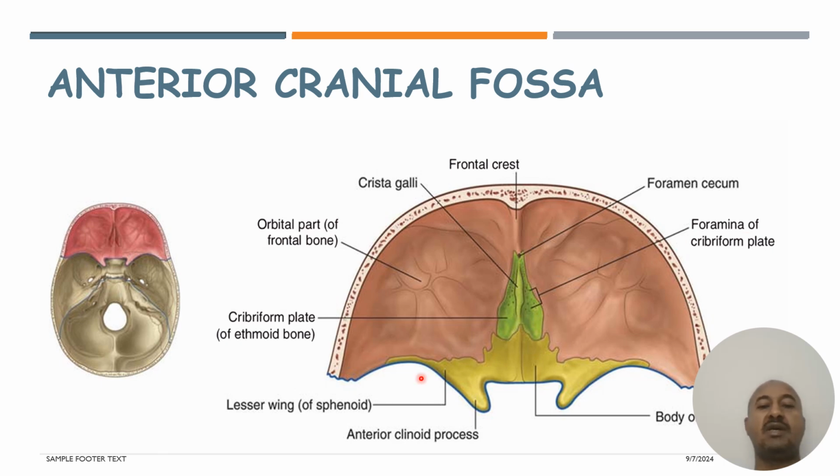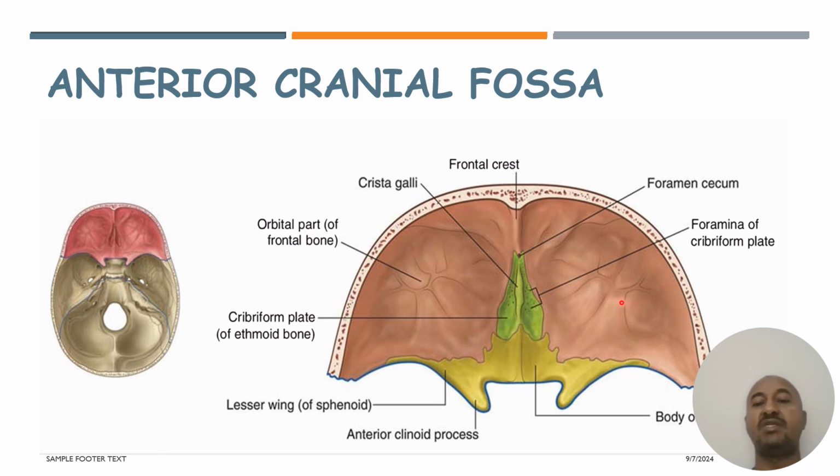So let us start studying the anterior cranial fossa, which is found here and as well here. Always try to look at this completely articulated base of the skull. So here this is the anterior cranial fossa, and this is a closer look at this section.